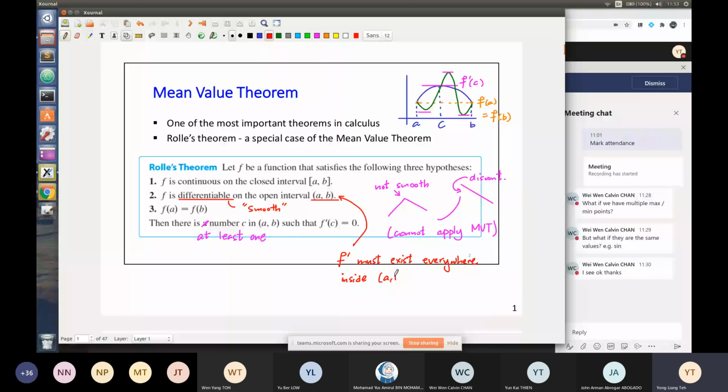Then some of you may ask, why not change this to this thing? Does it make a difference? Well, it does, because strictly speaking, f prime does not exist at the endpoints. You think about that. At the endpoint, we are not able to prove the left-hand limit equals the right-hand limit. It's not possible to prove that there is a left-hand limit because there is no left-hand limit, since you're right at the leftmost point.